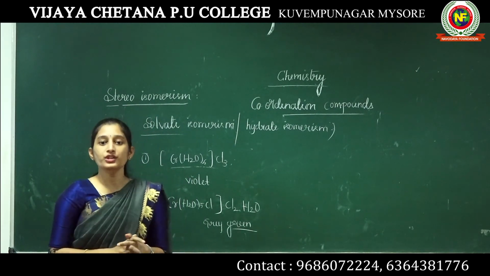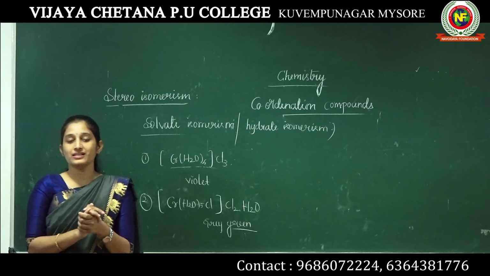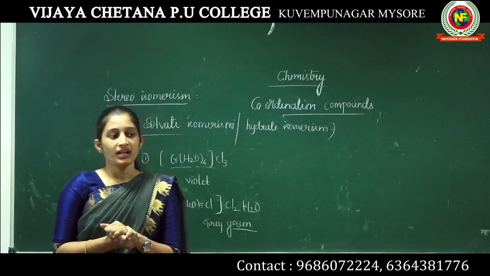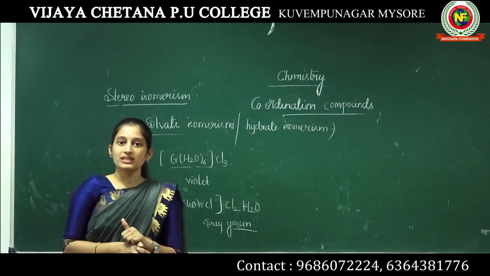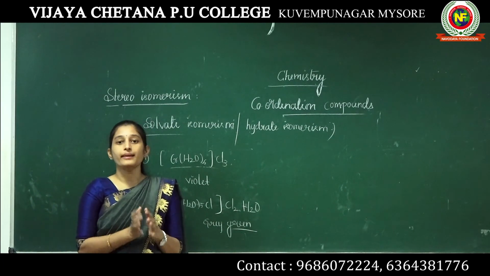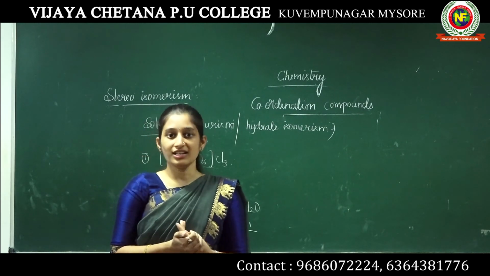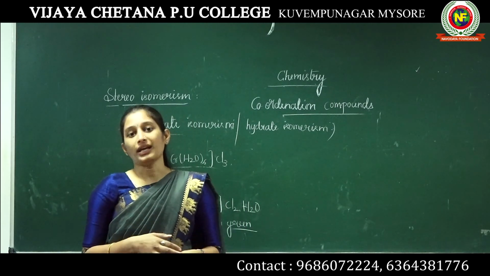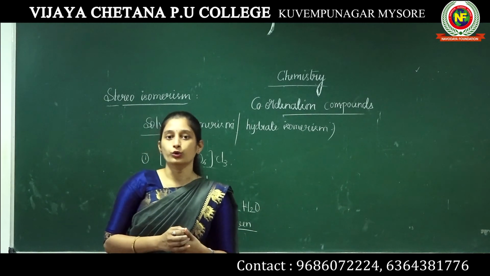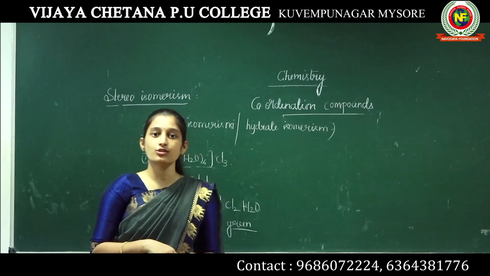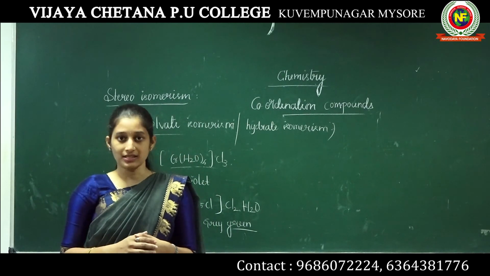Now I am going to summarize the isomerism concept. It's very simple. First one, isomerism. Isomer means same molecular formula but different spatial or structural arrangements of atoms. Here 2 types: structural and stereo. Stereoisomerism has 2 types: geometrical isomerism and optical isomerism.